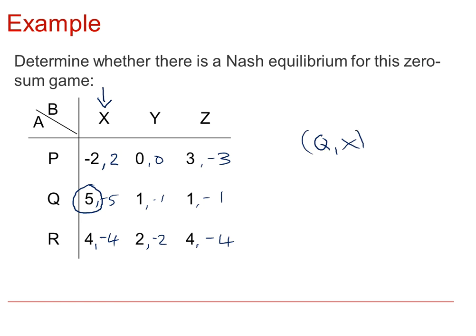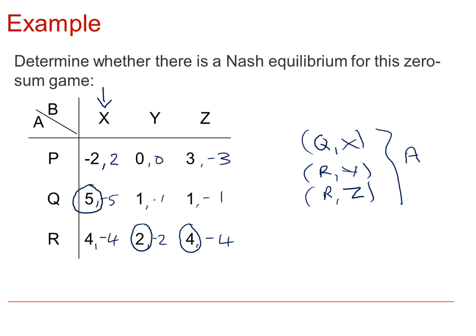If B played Y, then A would go for R. And again, A would go for R if B was to play Z. So these are, if you like, A's choices, given that he or she knows what B is going to do.